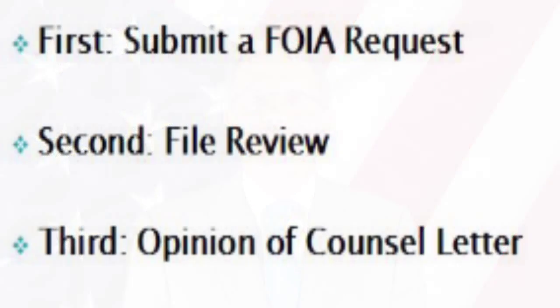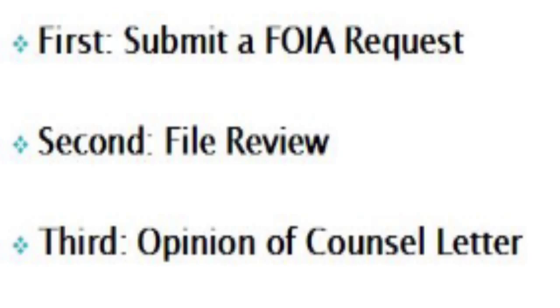So follow these 3 steps. 1, you submit the FOIA request to the government. 2, you, or hopefully your attorney, reviews that file, every page, very carefully. And 3rd, the attorney gives you what we call an opinion of counsel letter.